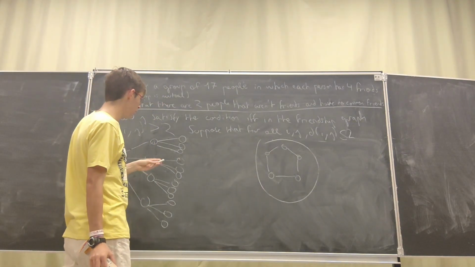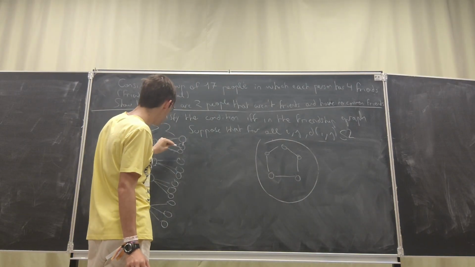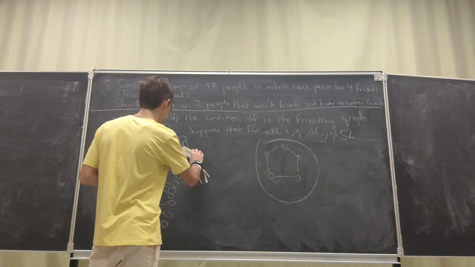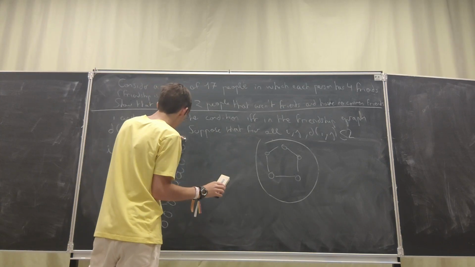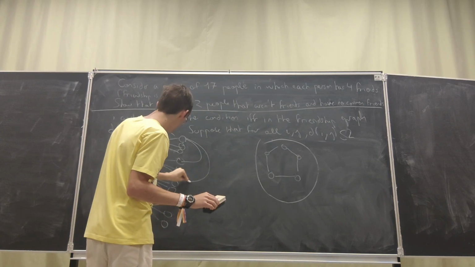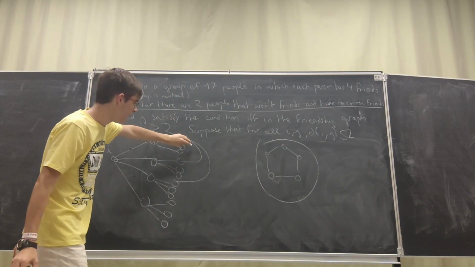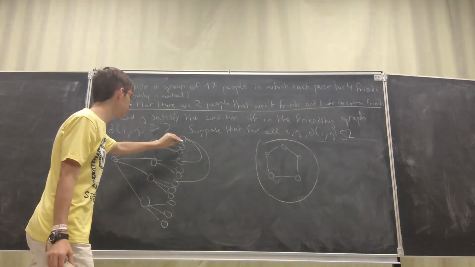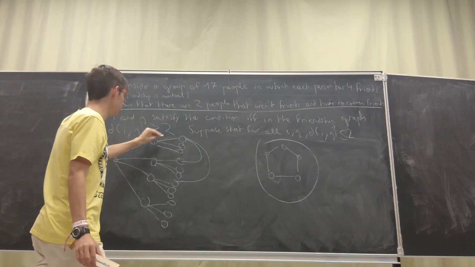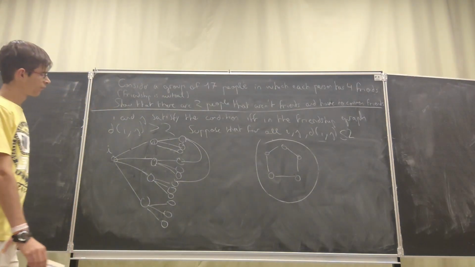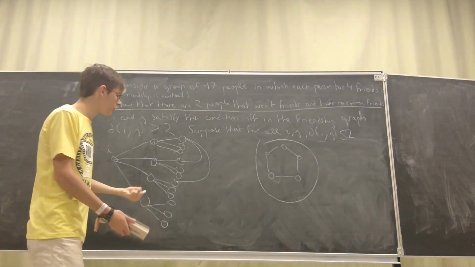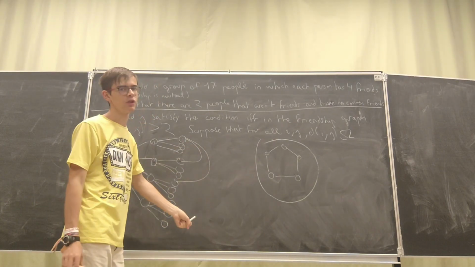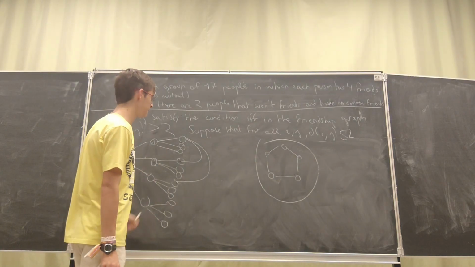Of course, he cannot be friends with this guy because this would be a 3 cycle. He cannot be friends with this guy for the same reason. So he must have friendships like, for instance, here, here, and so you see that every time you add a friendship, you're adding a 5 cycle to our graph, like 1, 2, 3, 4, 5, and 1, 2, 3, 4, 5. Okay. So you've got a certain number of 5 cycles that are obtained by just adding all of the missing friendships to our graph.